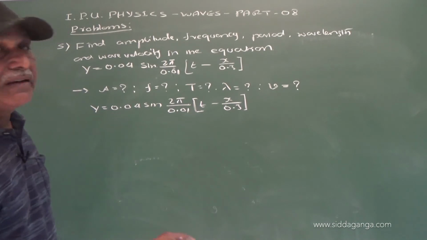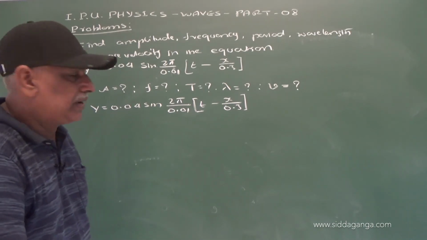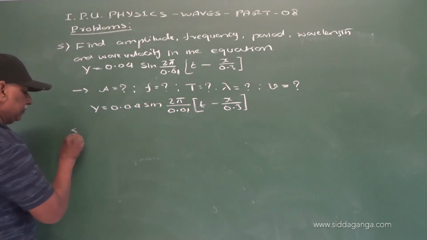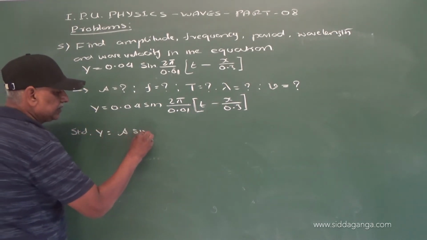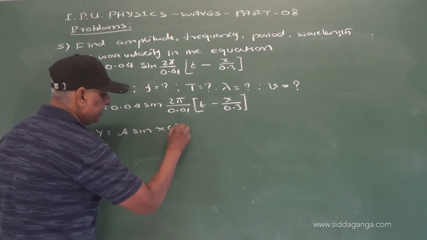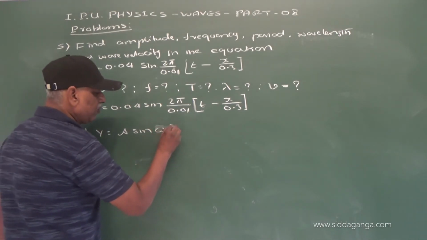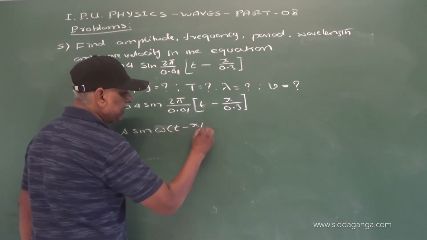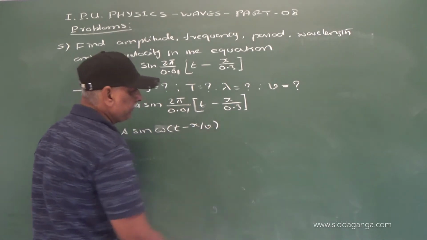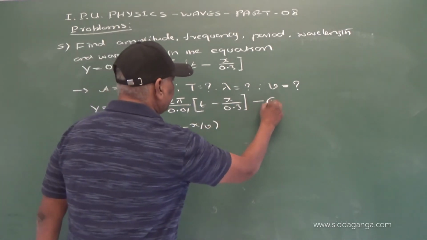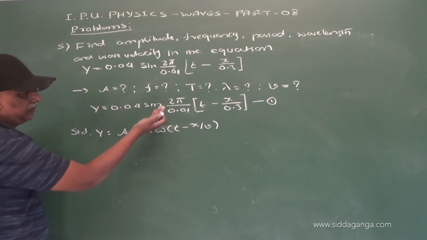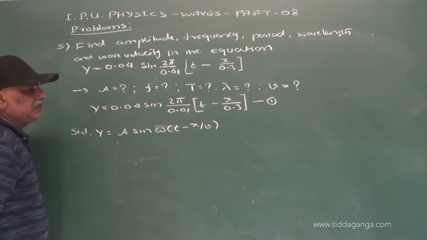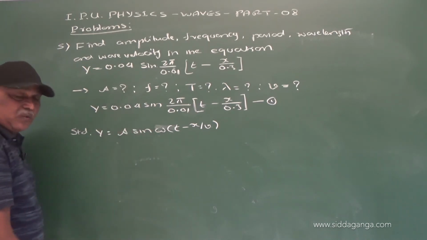Now we have the standard equation, y is equal to a sin omega into t minus x by v. Let us take this as equation 1. See here, we have 2 pi by 0.01, and here we have omega.